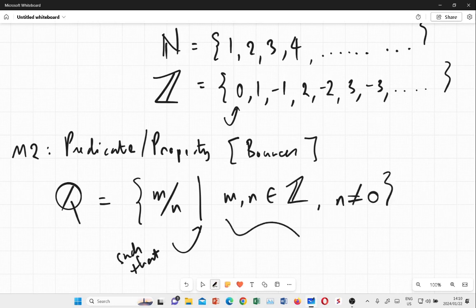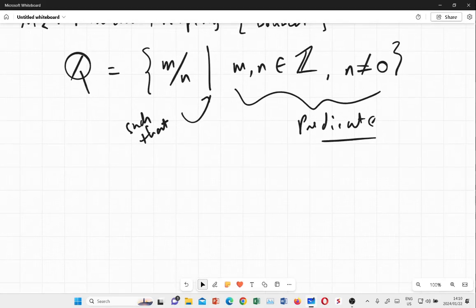This is what is called a predicate, because it sets a condition, it sets a bouncer on the door of the set, which allows certain elements to be fractions, okay?